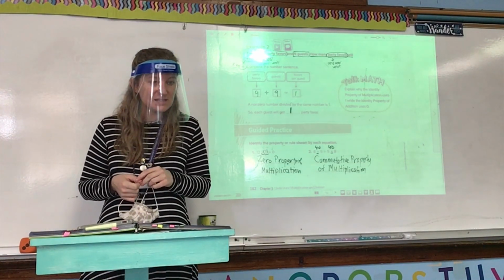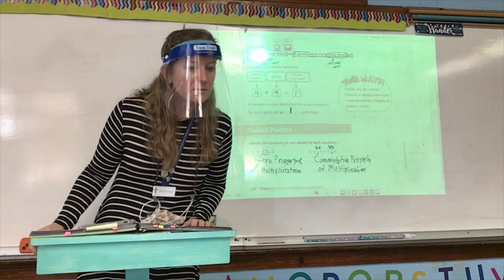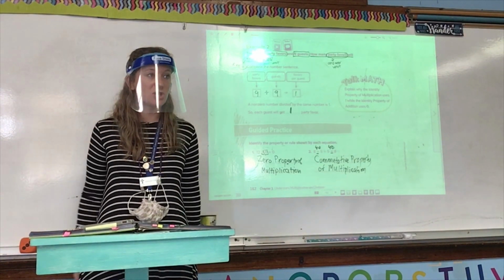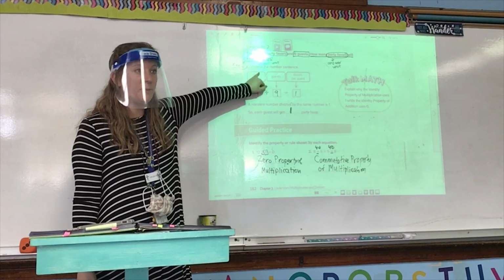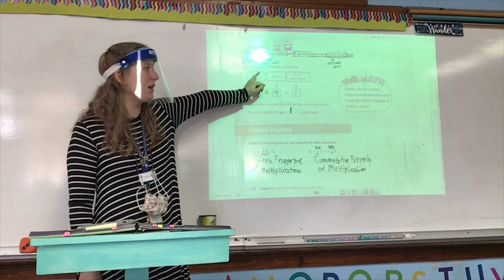Number 6 is a word problem, so you need to make sure to find the important pieces of information. It will help you to box, circle, underline, and label them, even when you're doing independent work.